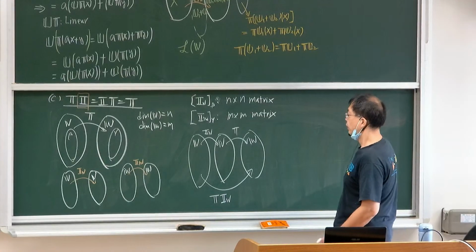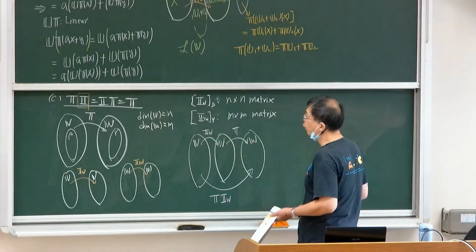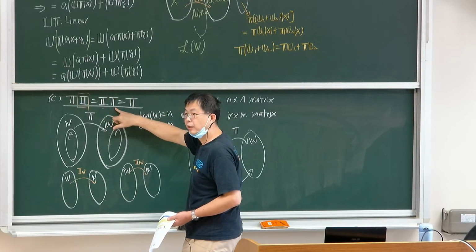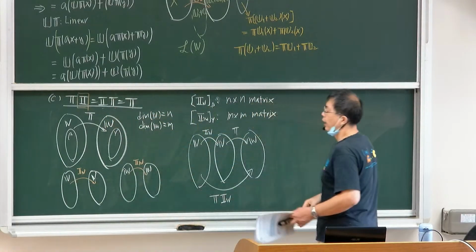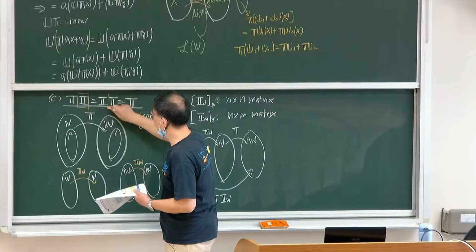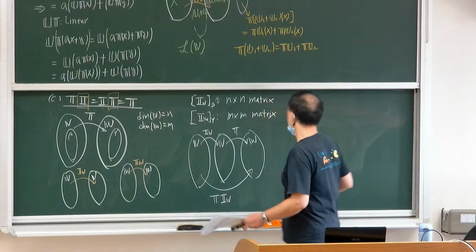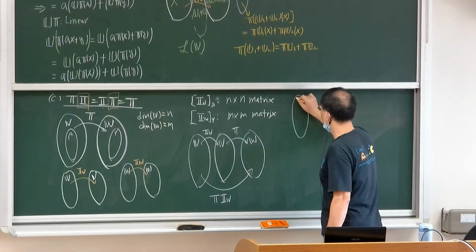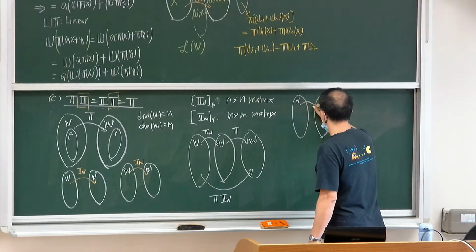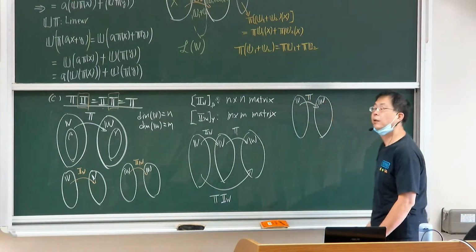Okay, and if I put this one here, I_W T, what am I doing? First of all, we have to operate T first. So we first transform a vector from V to W. We have T here.